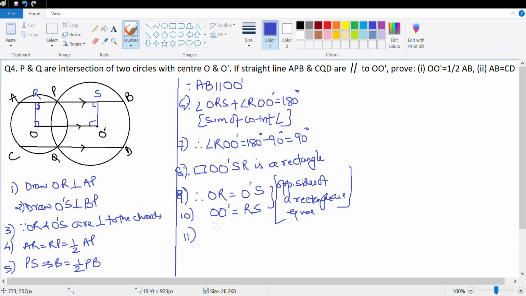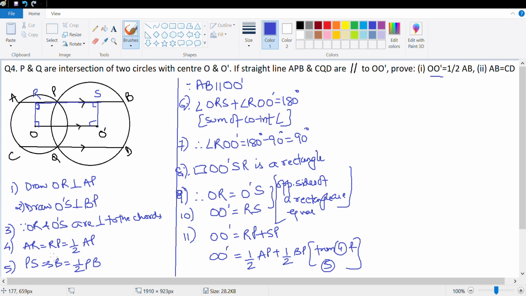So number 11, we need to prove OO dash is half of AB. OO dash is equal to RS, which is equal to RP plus SP. But RP here is equal to half of AP and SP is equal to half of BP. This is from 4 and 5.